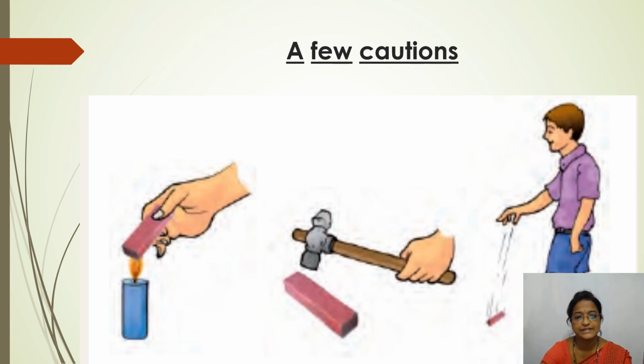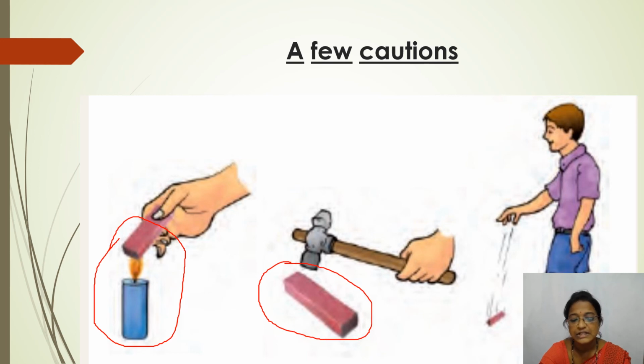Next, a few cautions. Magnets lose their properties if they are heated, if they are hammered, or dropped from a height, isn't it? If we heat the magnet, it loses its property. If we hammer it, again it will lose its property.